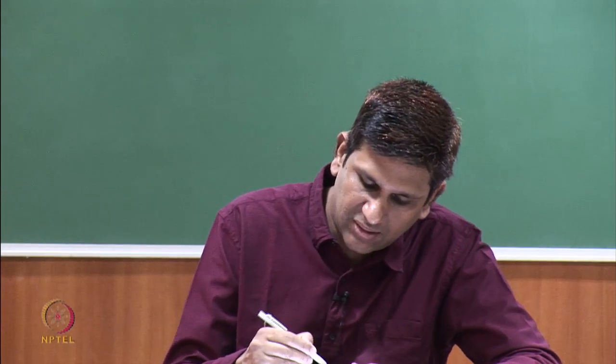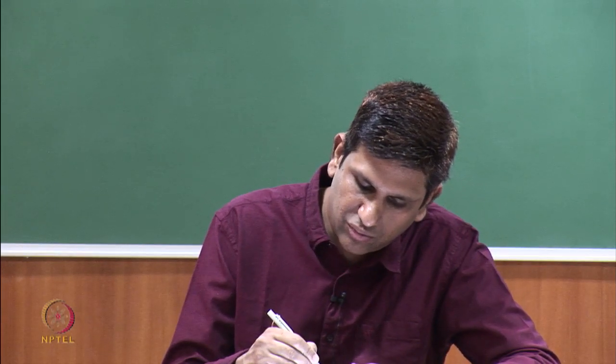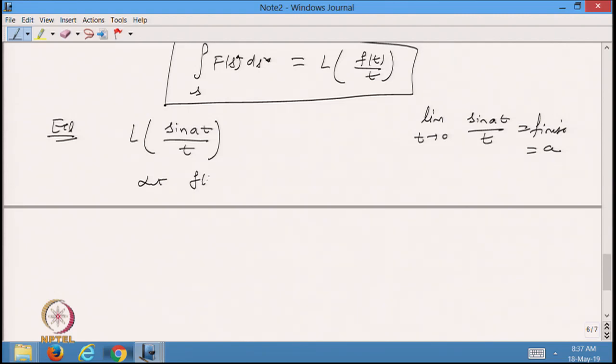Now, I choose that let my f(t) is sin(at). If I choose this one, then the Laplace transformation of sin(at) will be a over s square plus a square. So, this is my Laplace transformation.